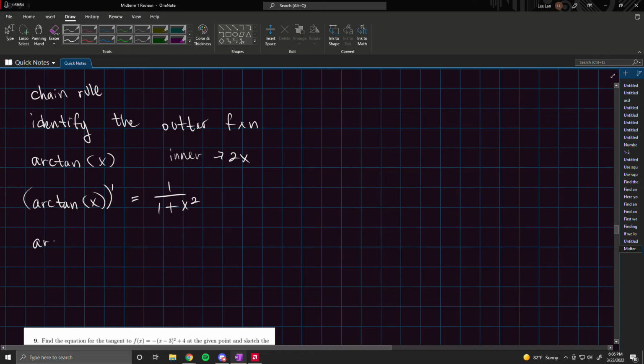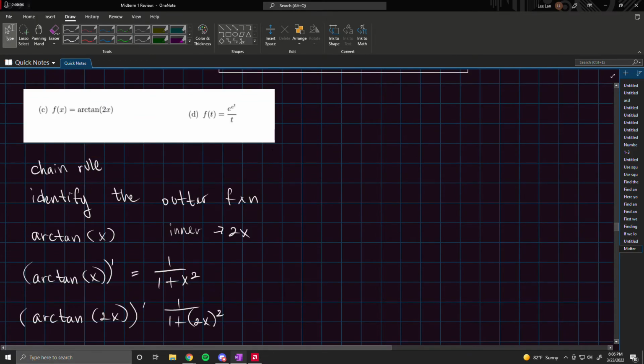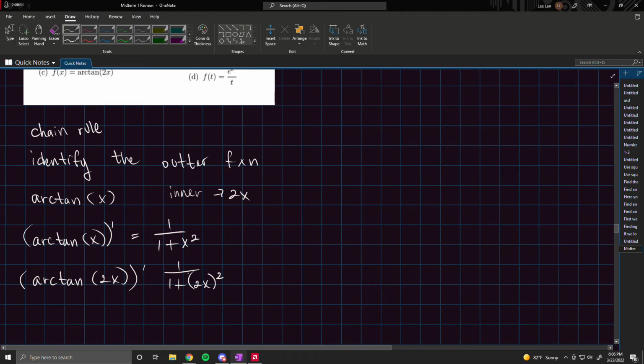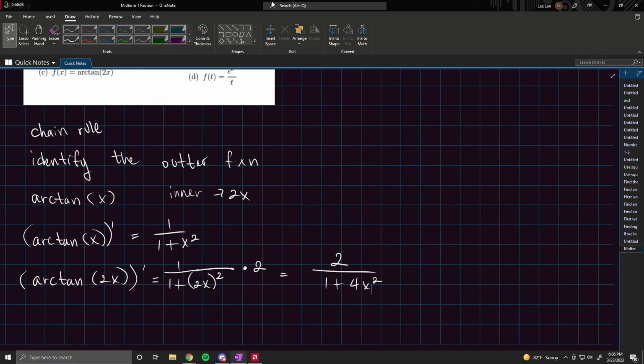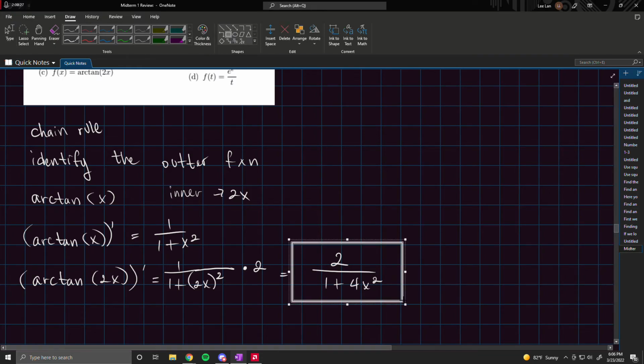And so the derivative of arctangent of 2x is going to be 1 over 1 plus (2x) squared. Because of chain rule, you also have to multiply by the derivative of the inner function, which is just 2. So that's going to be 2 over 1 plus 4x squared. I don't think there's anything else you can do to simplify that, so that's good.